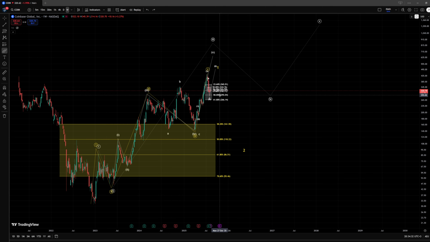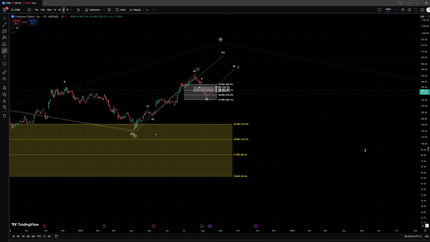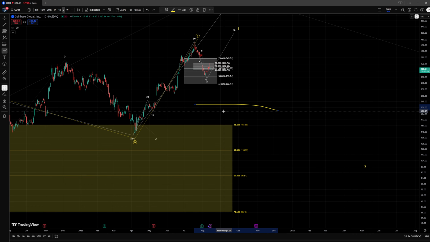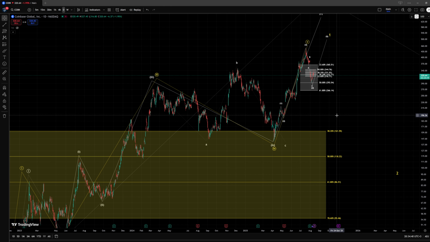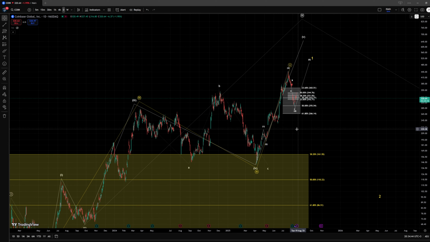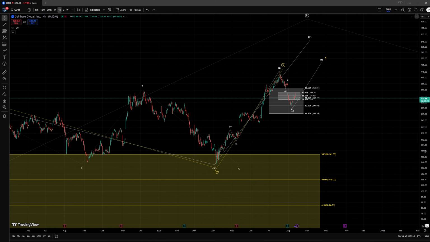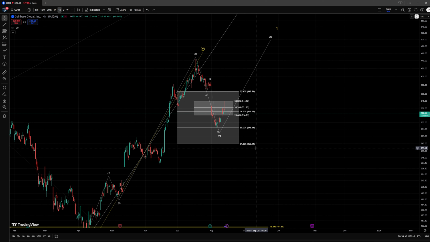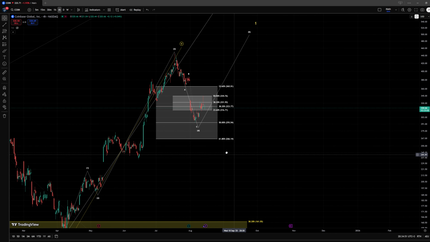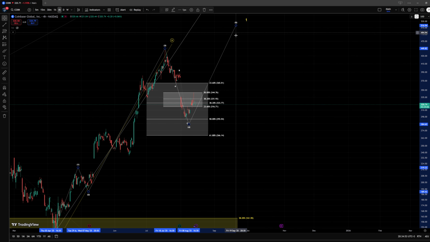So that would be quite substantial downside, and we do have a bit of clarity. The structure of this chart is not too bad in terms of being able to tell where a count fails. And in this case, in the previous video, I provided you this updated support zone for the diagonal to the upside in the fifth wave.